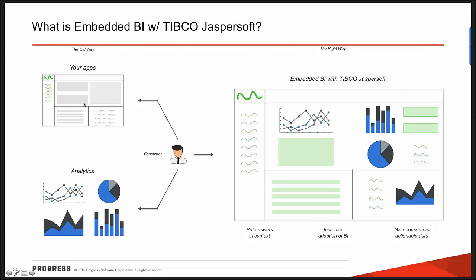The problem is that what you're looking for is a final solution where your customer can have these analytics, get access to all that data in the application that they're in. They're not looking to alt-tab to another 3 or 4 applications to figure out how to get an answer to a question. The answer is in that data, and that data needs to be available easily to your end users. And that's what Jaspersoft does a very good job of.